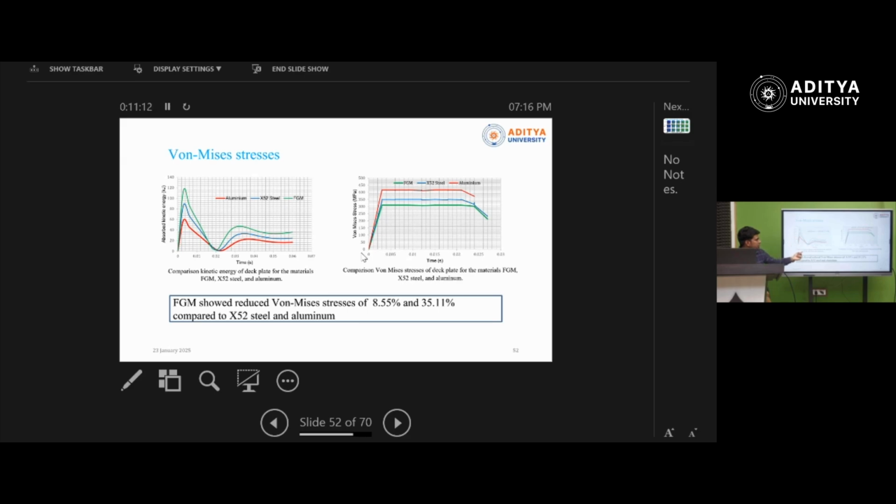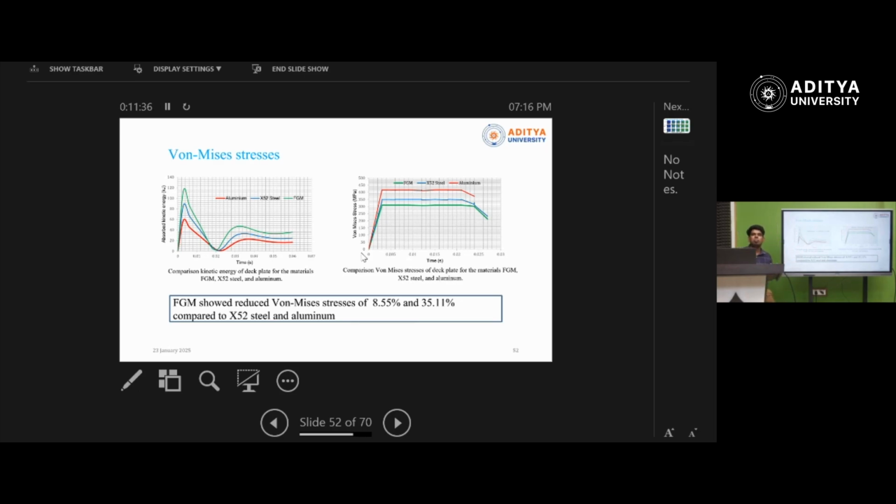The first graph is kinetic energy. When the projectile comes and hits the surface, the plate is going to absorb some energy. The plate made of functional graded material absorbs a higher amount of the kinetic energy compared to the remaining two materials. So energy absorption is very, very important.